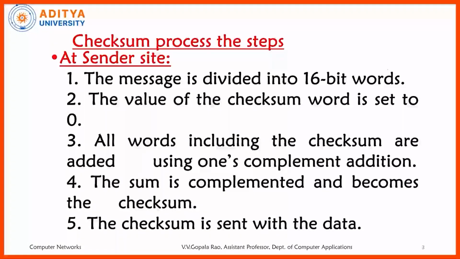Every subunit gives you a 16-bit subword, and all these subunits will be added. After this addition you get the final value, and that is to be complemented. By using one's complement the sum will be complemented, and that can be referred to as the checksum in this particular procedure.